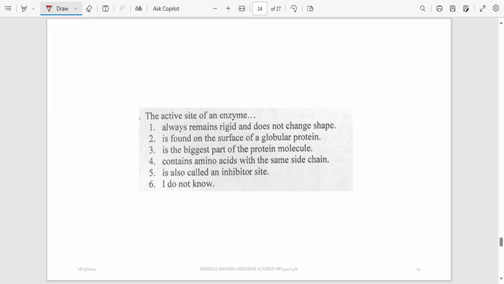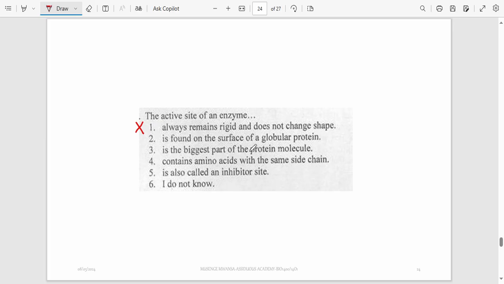Let's start with an option. Option 1 is always remains rigid and does not change shape. Is that correct? Remember the induced fit, we said that it can change. How about option 2? Is found on the surface of a globular protein.